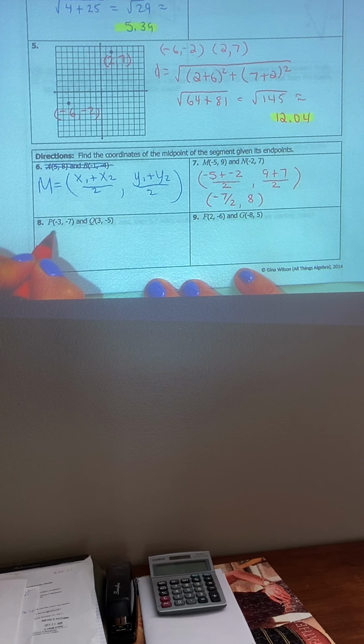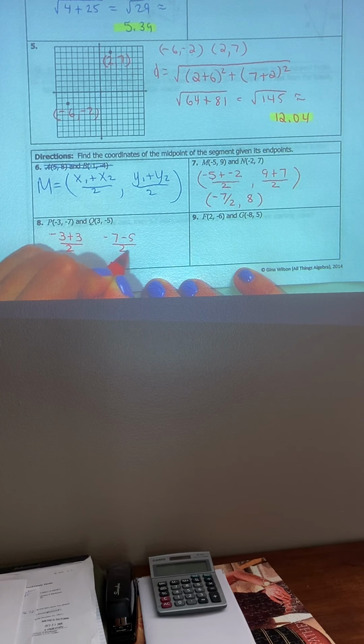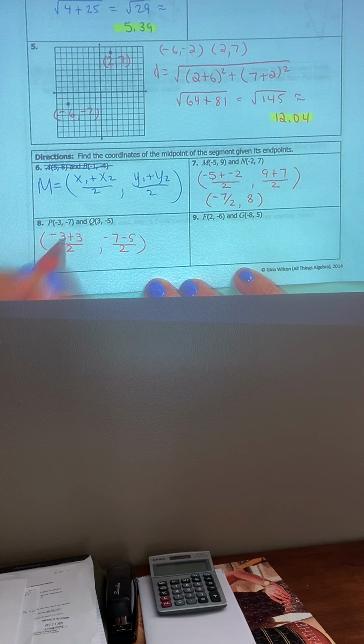Next here, negative 3 plus 3 over 2, negative 7 minus 5 over 2. That's 0 over 2, which is 0, and negative 12 over 2 is negative 6.